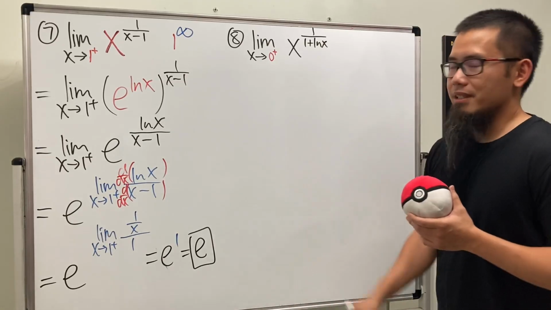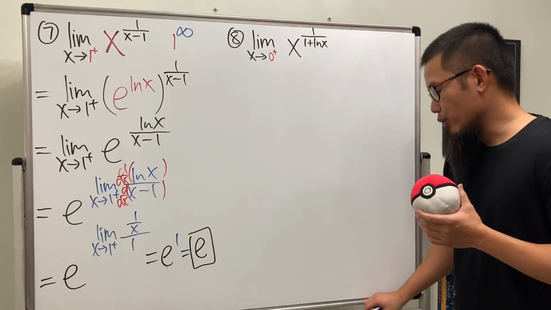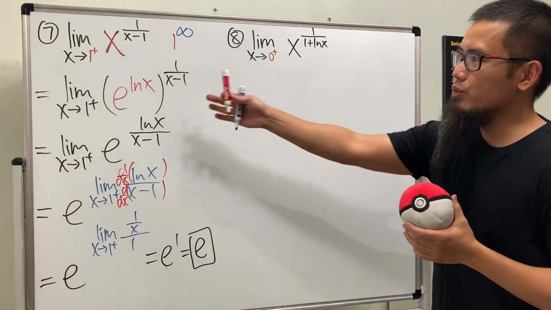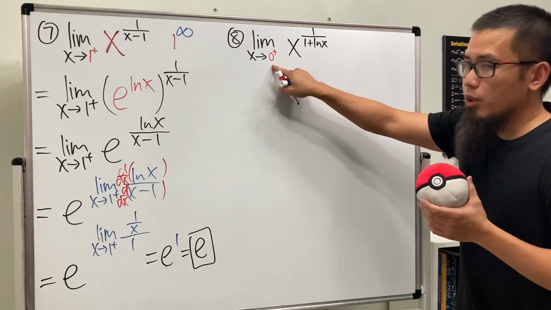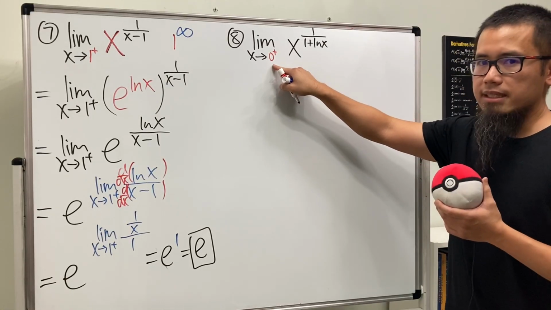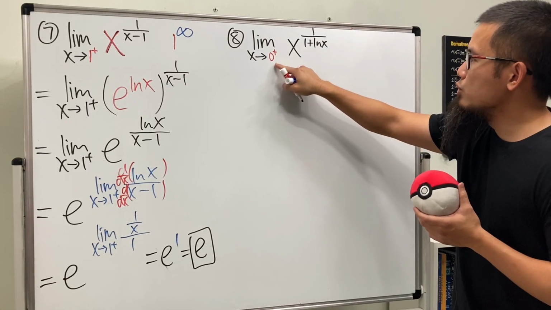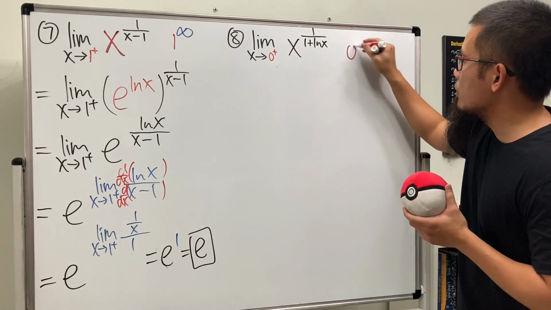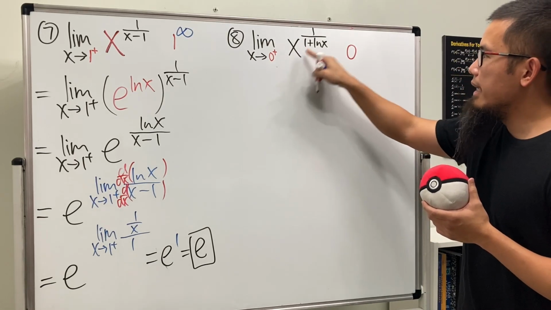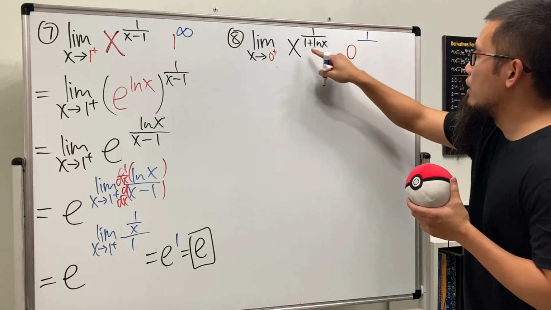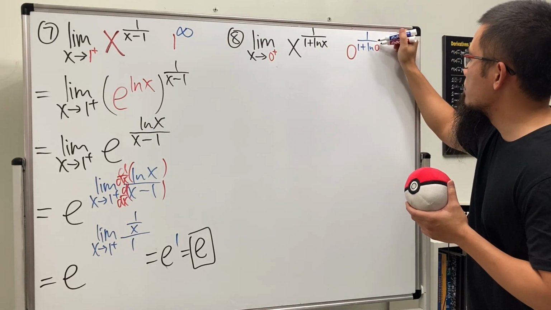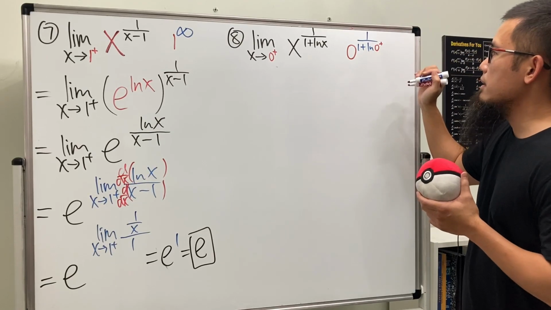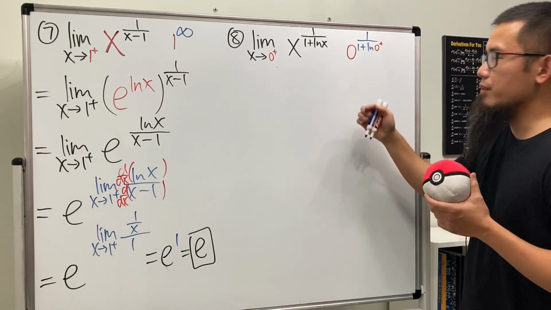Alright, for this, it has a similar flavor, and I'm just going to go through this real quick because I went through that in detail earlier already. Here, 0 plus. So remember, x is not exactly equal to 0. When we put 0 plus in here, we get 0, right? And then this is 1 over, this is 1 plus ln 0 plus. Okay, let me indicate that because of ln.